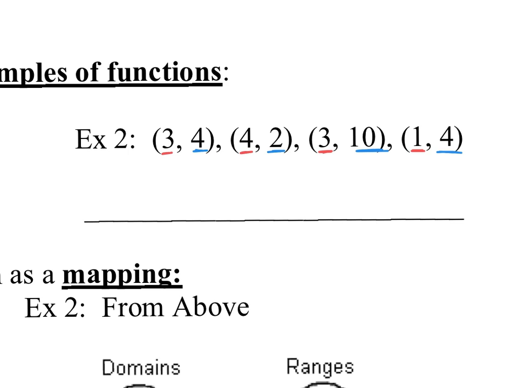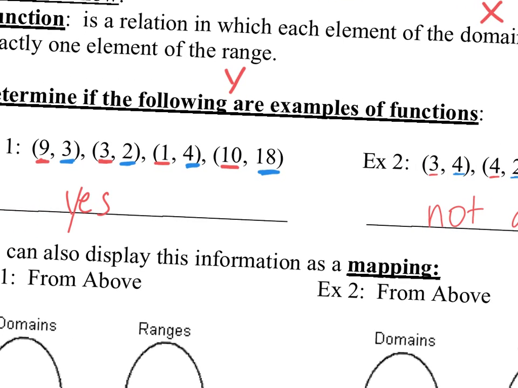Which one? The 3. 3, okay? Do we see how 3 has a birthday of 4 and 3 has a birthday of 10? Can that work? No. So therefore this is no, not a function. So I could put no, or I can write it out as a sentence if we're like Chase and we get confused. So yes, a function.